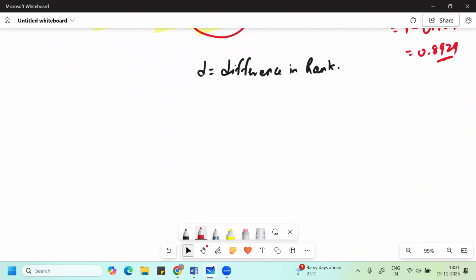So if I want to find R of xy, one minute, there's a problem with the pen. So let me open Excel.